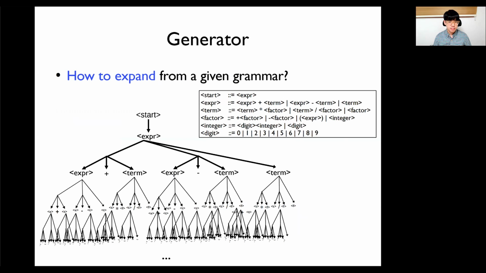The first topic is related to the test case generator, whose job is to determine how to expand the rules in a given grammar. As you can see from this complex derivation tree, this infinite search space is the challenge of the first research topic.